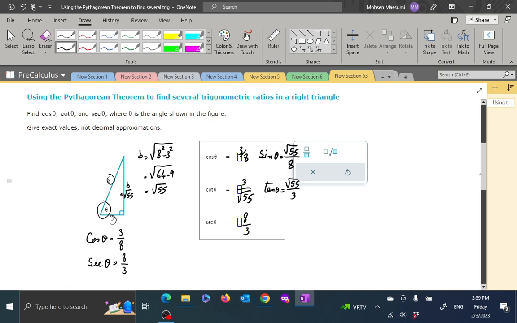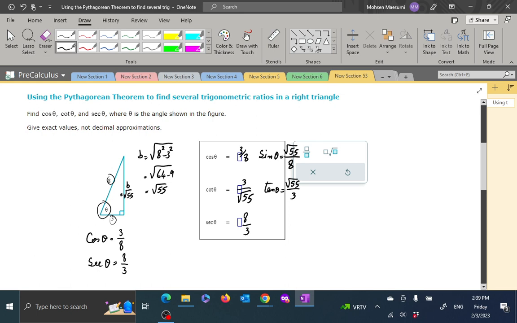What if I wanted to calculate cotangent? Cotangent would be the ratio of adjacent to opposite, and we already have cotangent.